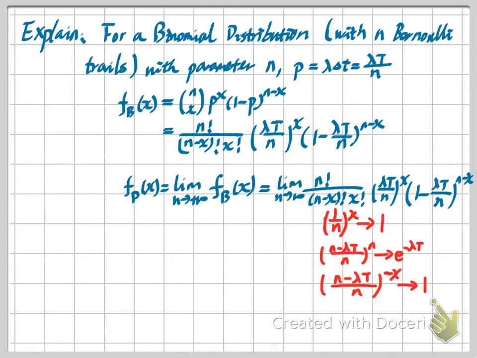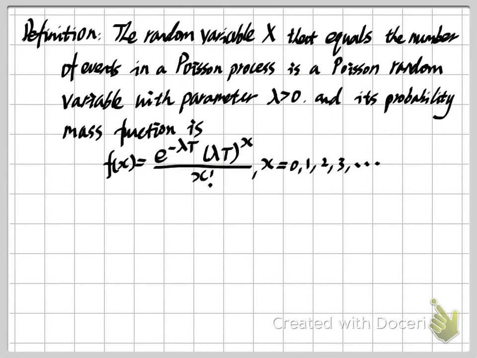The third one is 1 minus lambda t divided by n, to the power negative x, which will go to 1 when we set n goes to infinity. So based on these three properties, the previous limit will approximate lambda t to the x divided by x factorial, times e to the negative lambda t. So this is how we can use a binomial distribution to approximate our Poisson distribution.